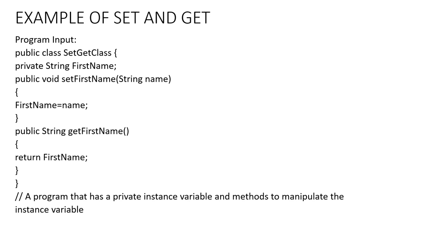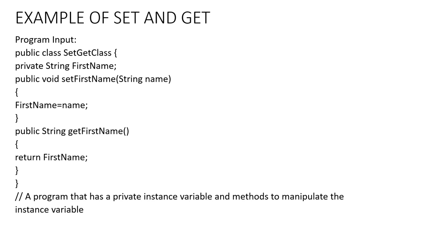So the first name there is the instance variable. The private is the access modifier, and the data type there is the String data type.